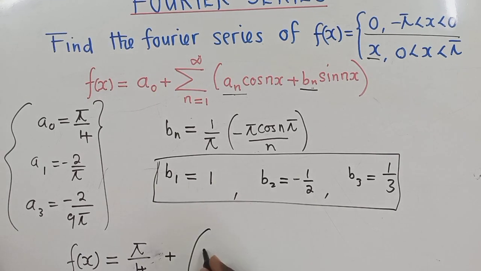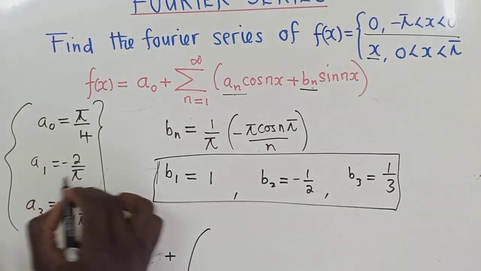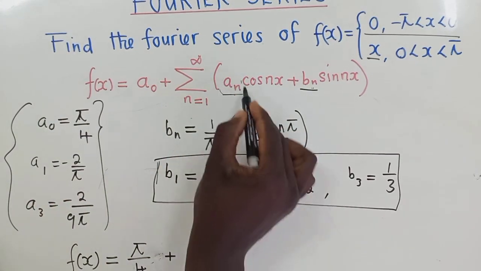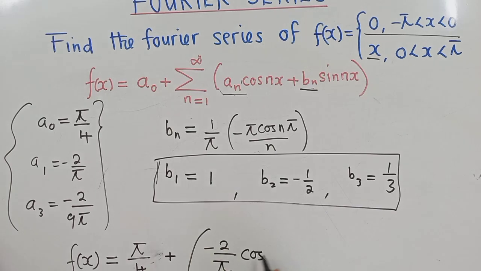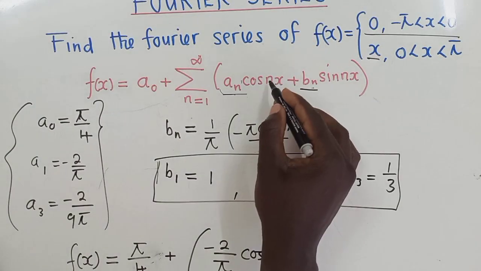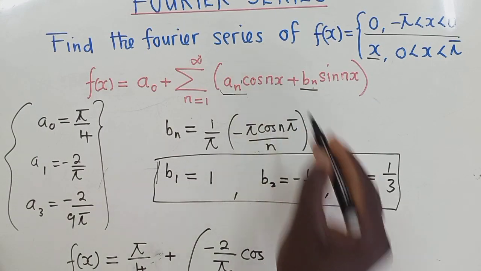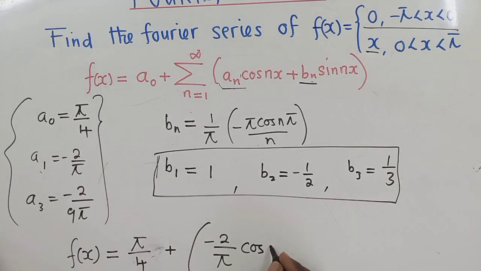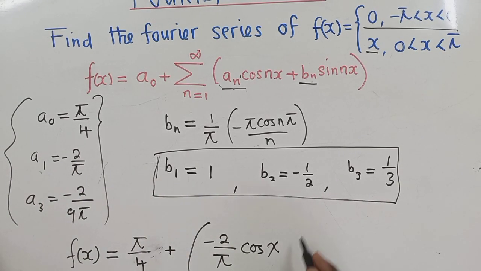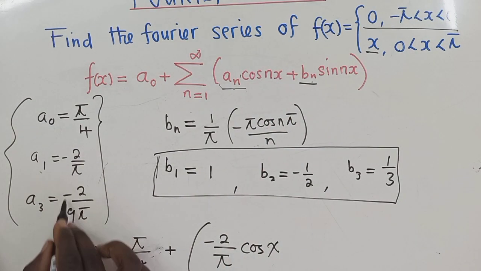So we write here, where there is this, we put negative 2 over pi, okay? And then we copy the cos. Now, what are we supposed to put here at this end? We are supposed to put the number that is right here. So it will be a 1, so it will just be x. Because here, if we put a 1, we'll remain with x.